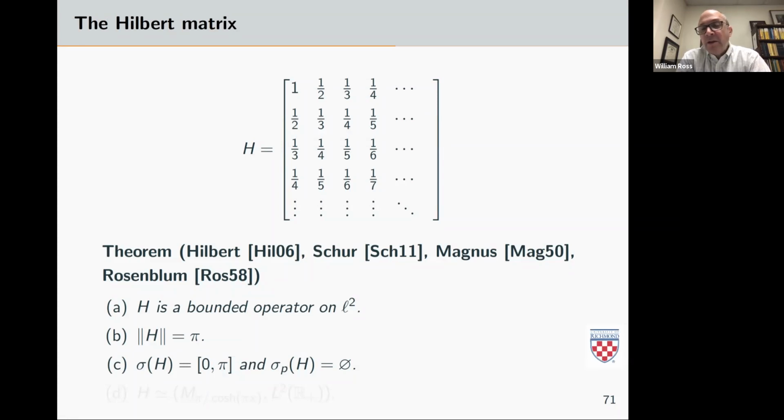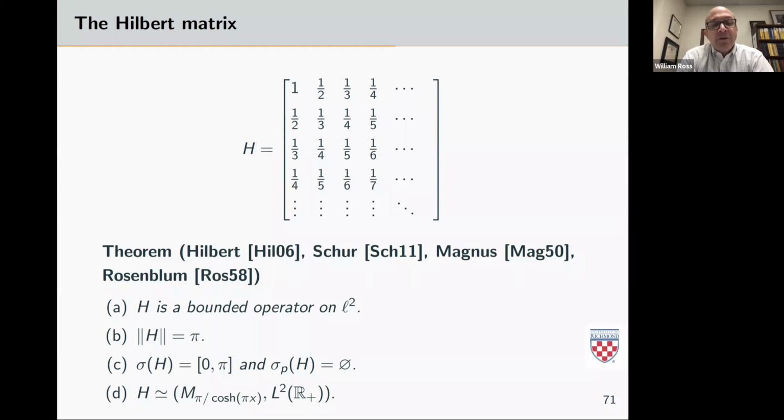And sort of the one ring to master them all is this result of Marvin Rosenblum, which says that the Hilbert matrix is unitarily equivalent to multiplication by pi over cosh pi x on L2 of the positive line.